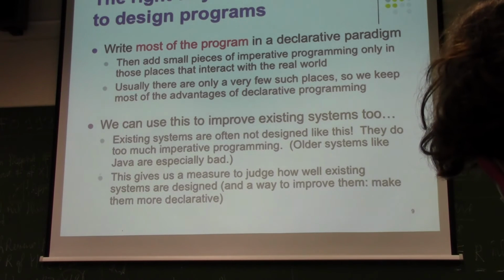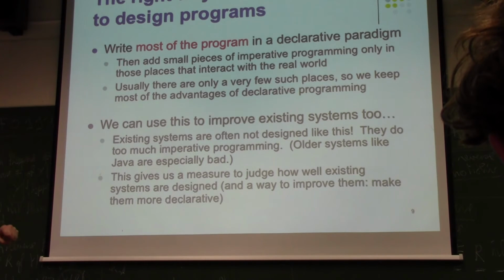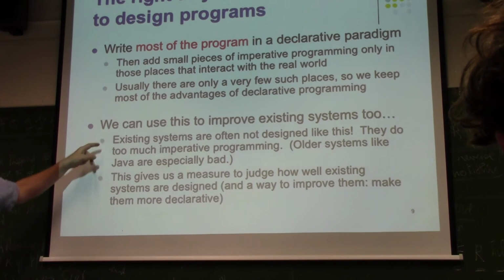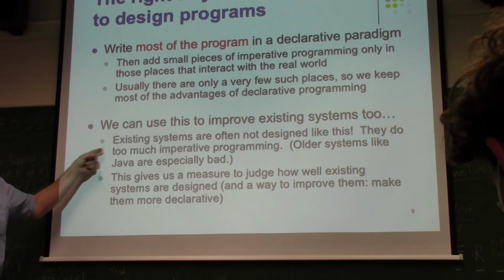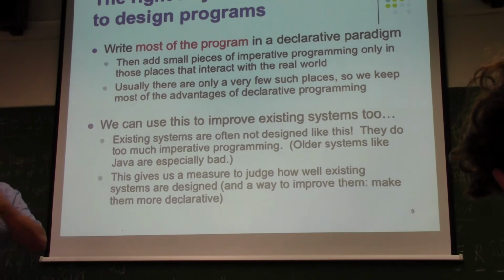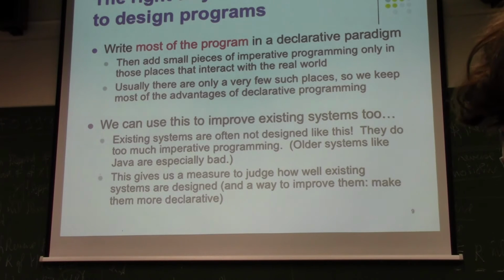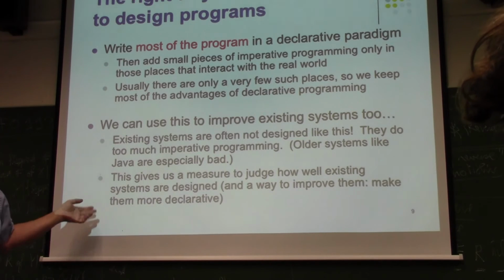Okay. So, I can say a few things about legacy code, existing systems. So usually they're not really designed like this, because people didn't really get it. Okay. Usually they do too much imperative. They are too much written as if they could interact with the real world anytime, and that you're giving up the power all over the place.